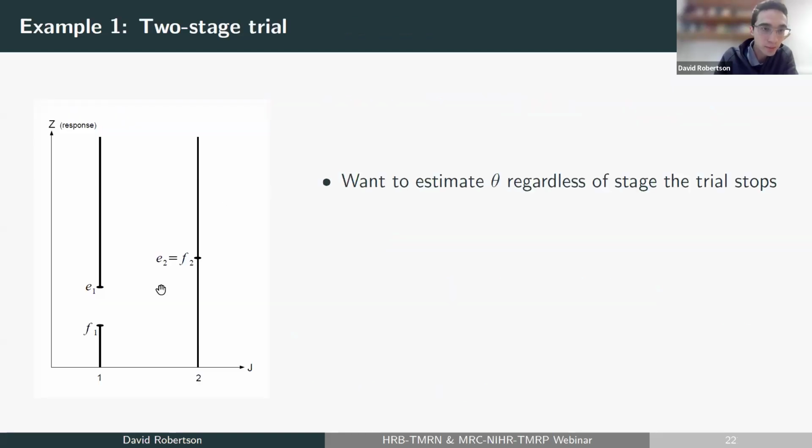Okay, so in this first example, we have a two-stage trial. Now we've added early stopping for futility. So if the test statistic Z is below this F1 futility boundary, we stop early for lack of benefit. If it's above E1, we stop early for efficacy. Otherwise, we continue to the second stage and see whether the final test statistic is above or below this stopping boundary E2.